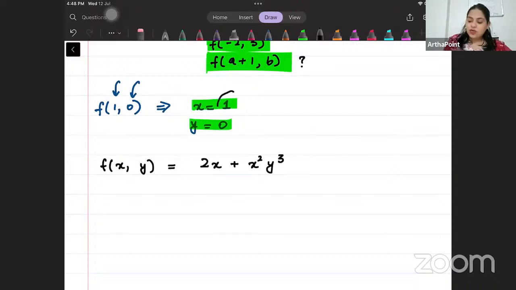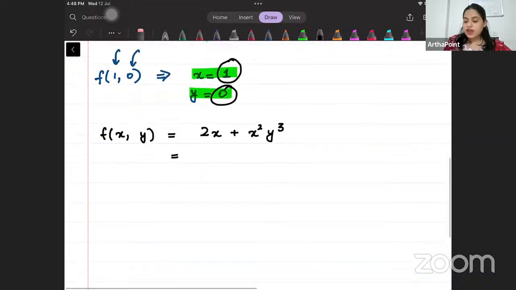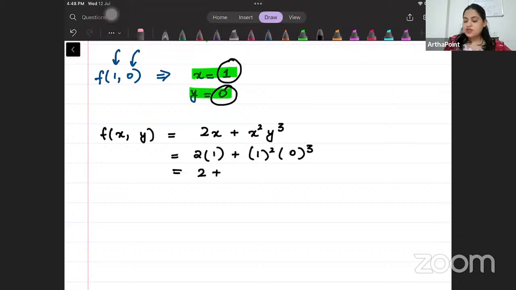X will take the value 1 and y will take the value 0. So instead of x, I will put 1, and instead of y, I will put 0. So this will be 2 plus 1 into 0, which is 2. So the value of the function in this case will be 2.